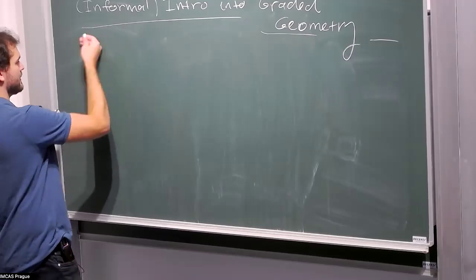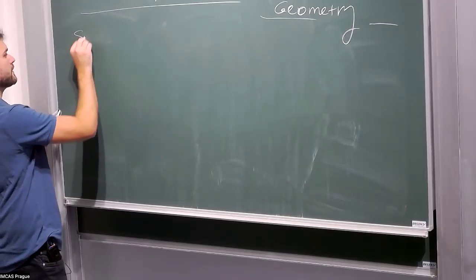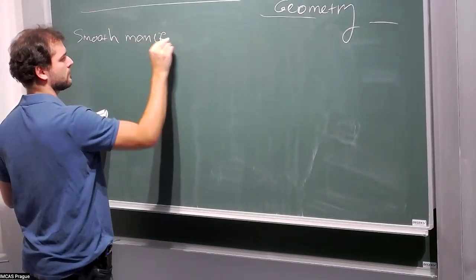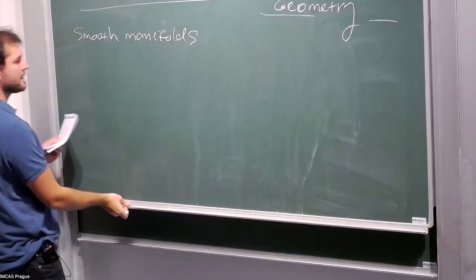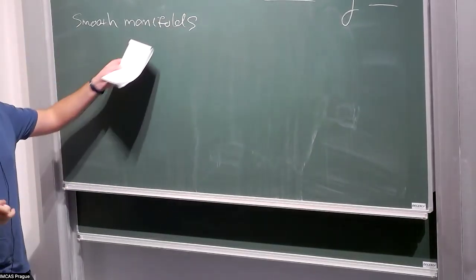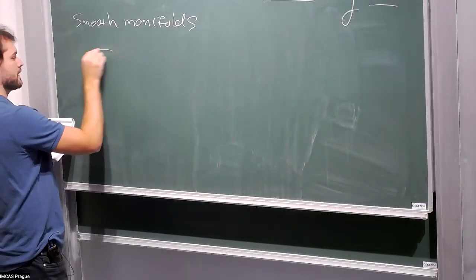All right, so the starting point I would like to use is some common ground, namely smooth manifolds. Before we grade something, I think it's advantageous to think of smooth manifolds in the following way.